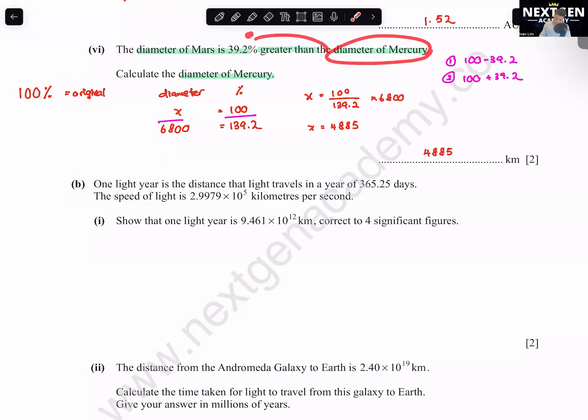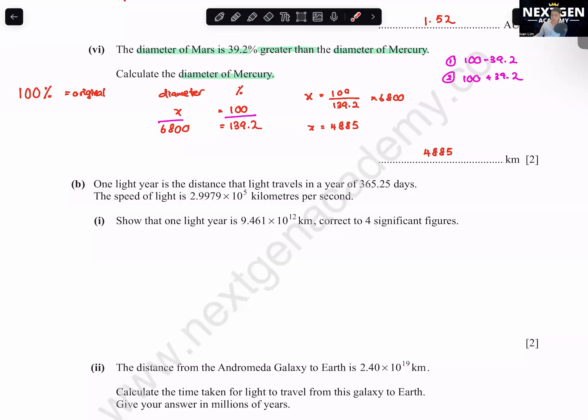Then we are saying that this value is greater than this original one. Okay, got it? Don't do the other way around. Whatever was increased or decreased, that one will be the one that you change the percentage for, not the original one, not what you are referencing to.